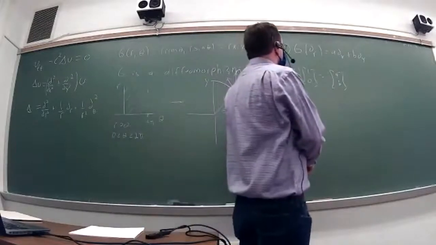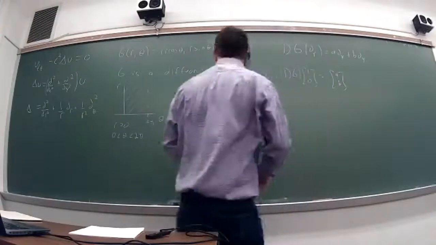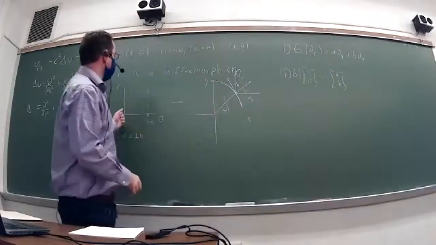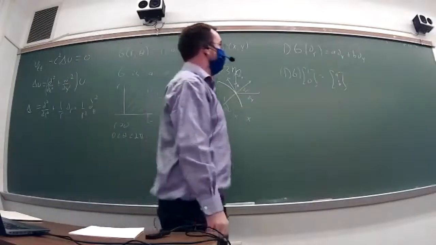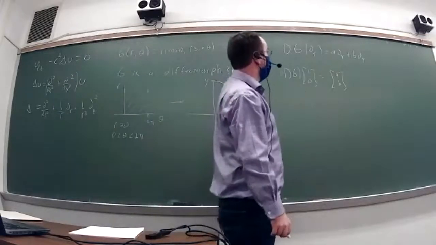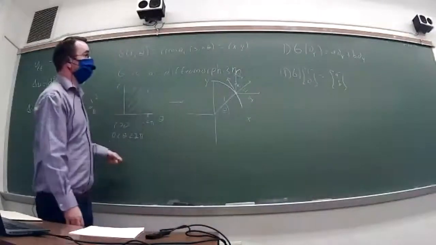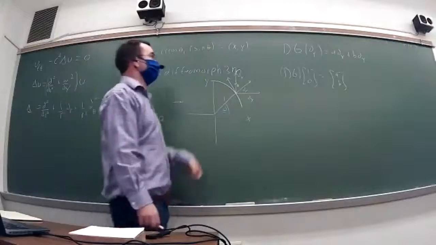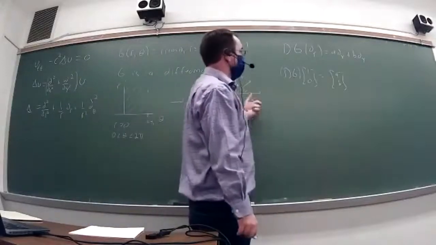Strictly speaking, from a linear algebra standpoint, the derivative of g is a map from the tangent space at a point to the tangent space at a point. The way you turn it into a matrix is you identify dr with 1, 0 and d theta with 0, 1. You identify dx with 1, 0 and dy with 0, 1.